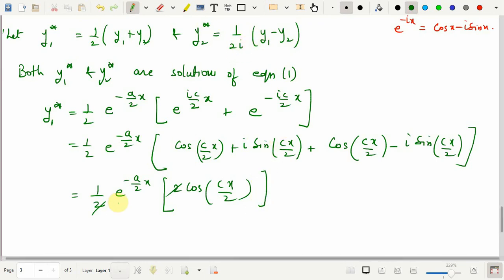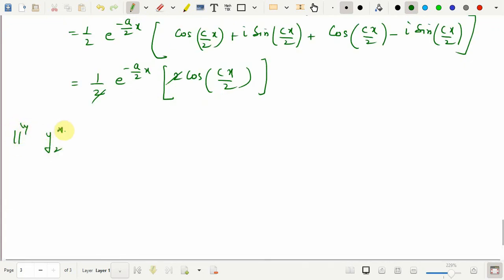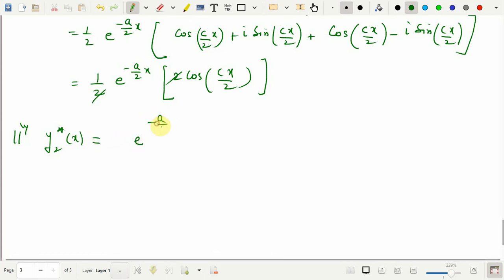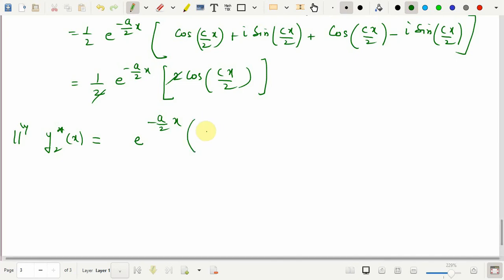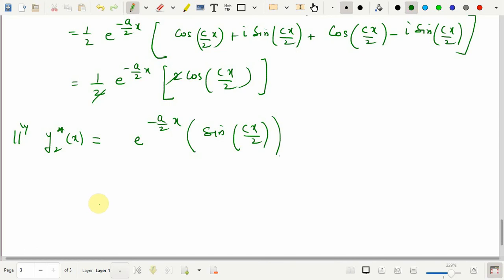So this is your y1 star, and similarly you can check y2 star of x is the same as e raised to minus a by 2 x into sine of cx by 2. So these are your y1 star and y2 star.